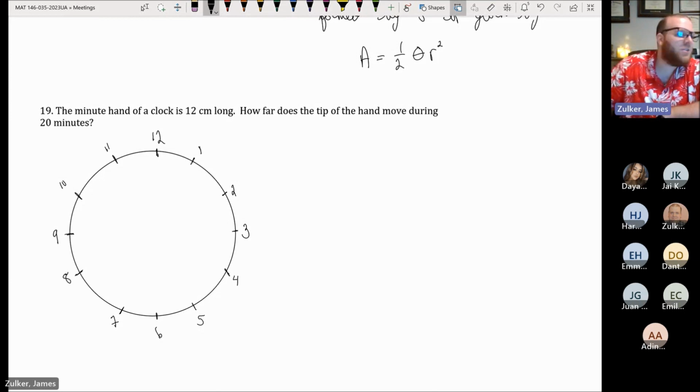Right, so without loss of generality, let's assume that we're starting the minute hand at 0 minutes, which would be 12.